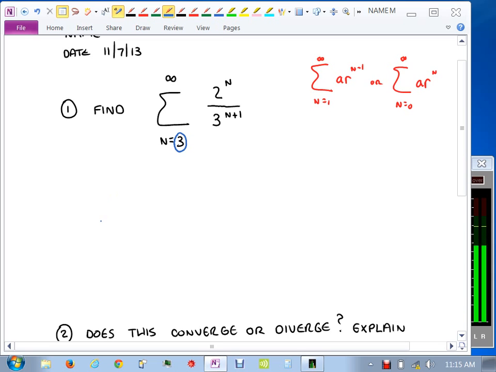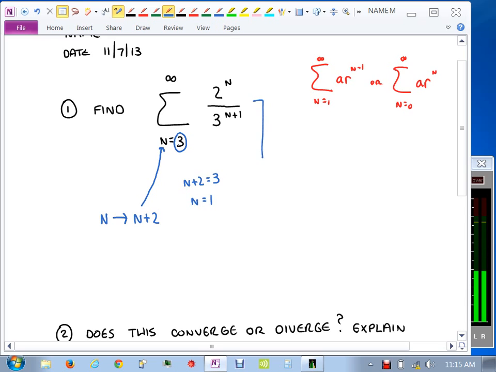So I need my n to turn into an n plus 2. If n becomes n plus 2, then the equation becomes n plus 2 equals 3. Subtracting 2 from both sides, I get n is 1. So everywhere I see an n, I replace it with n plus 2.